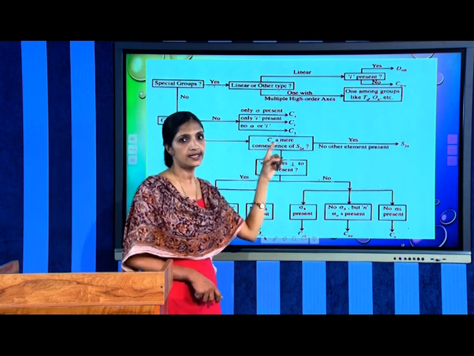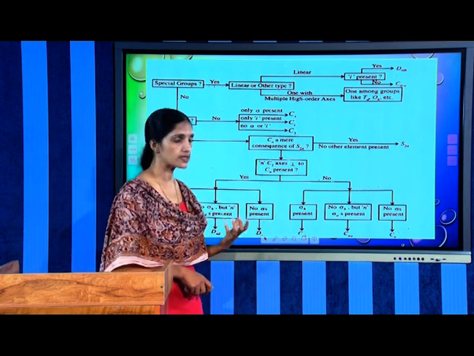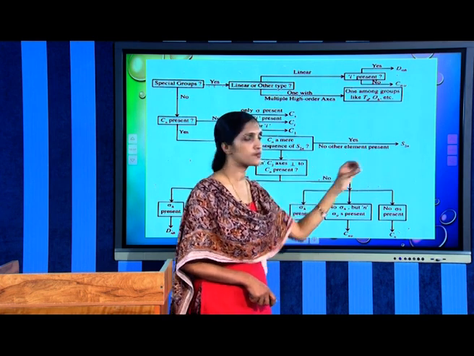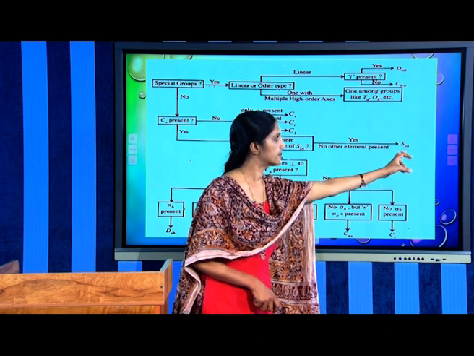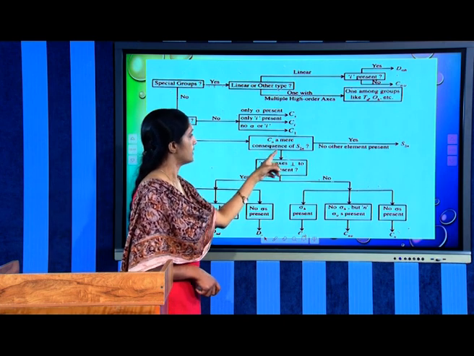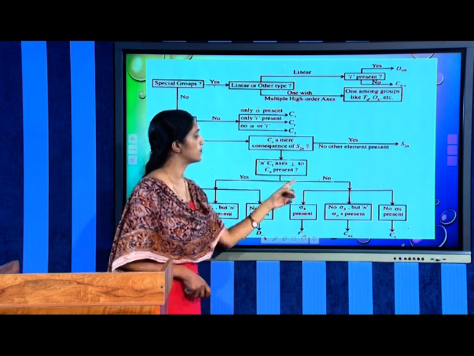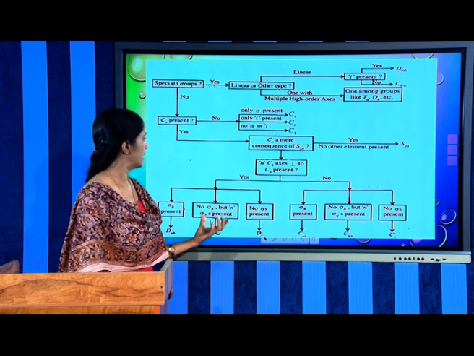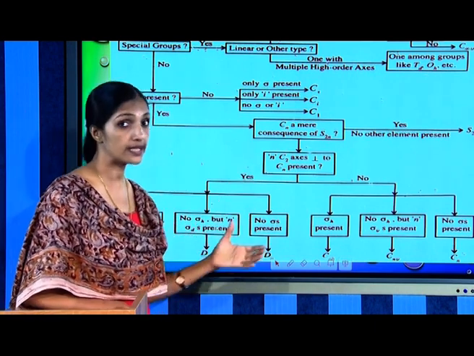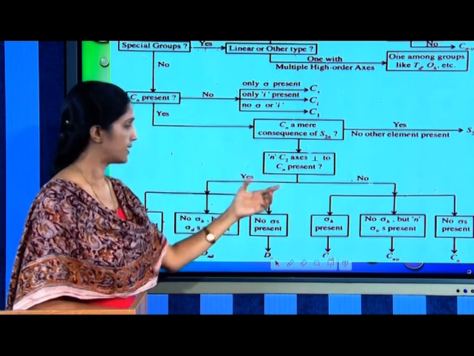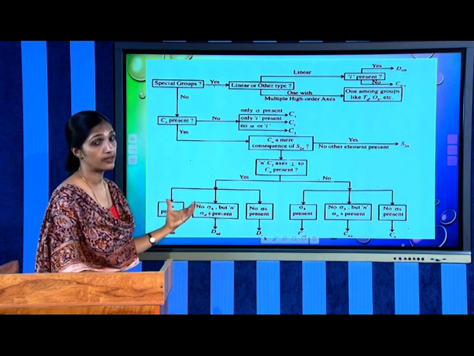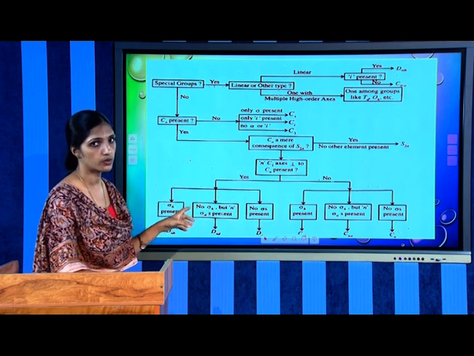we have to check whether the Cn is a mere consequence of S2n. If the answer is yes, and if there are no other symmetry elements present, then the group falls under the category S2n. And if Cn is present and there are n perpendicular C2s to that Cn, then the category will go to the D type groups.